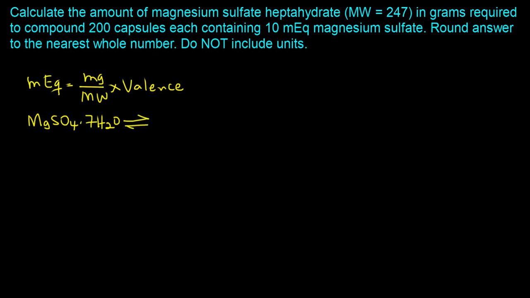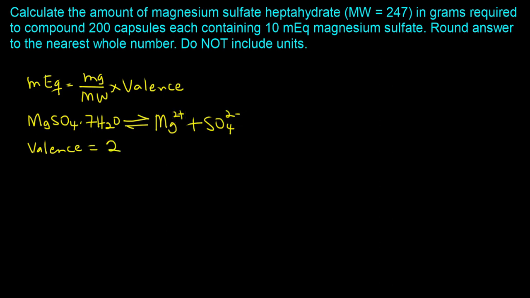So when you put the magnesium sulfate heptahydrate into an aqueous environment, the 7 molecules of water is just going to go into the water, and then the magnesium sulfate is going to dissociate into a magnesium cation and a sulfate anion. And so the valence of the compound will be the absolute of either the charge of the cation or the anion. And so the valence of the compound is going to be 2.